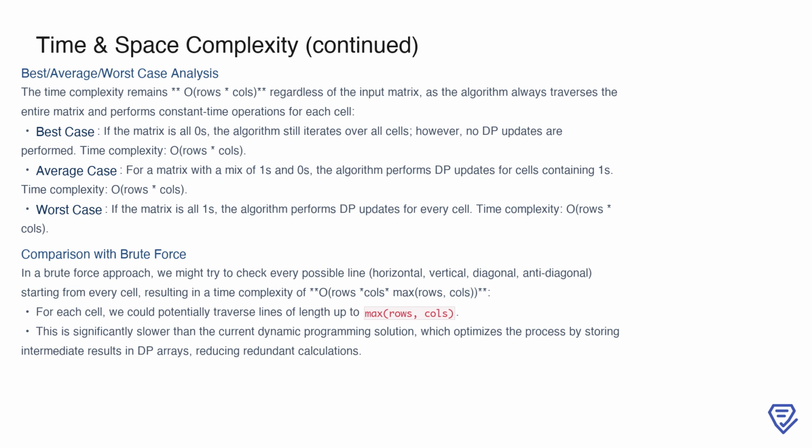Comparing this to a brute force approach, which would check every possible line starting from each cell, the time complexity would be O(rows * cols * max(rows, cols)), as we would need to traverse potentially long lines for each cell. The current DP-based solution significantly optimizes this by avoiding redundant calculations and leveraging intermediate results stored in the DP arrays.